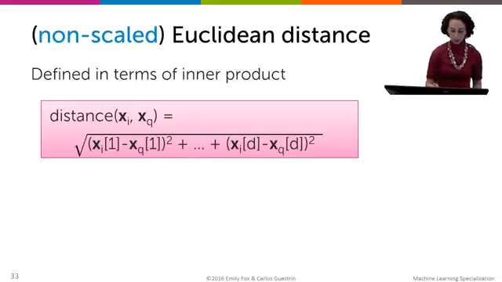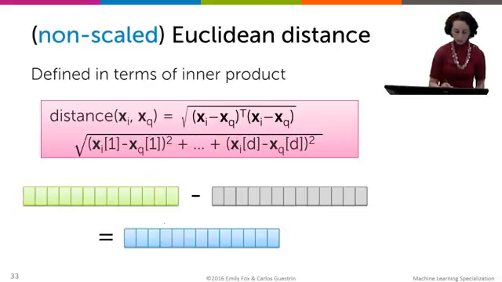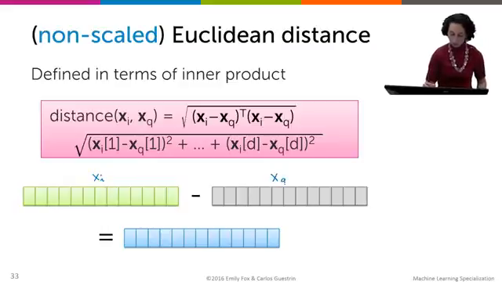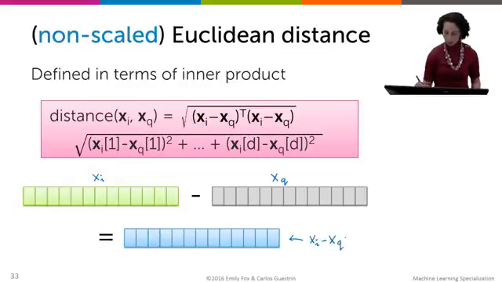So what we can do is we can rewrite our Euclidean distance as follows. So what we've done here is we're taking this green vector xi, we're subtracting our query article xq, and that's going to give us this difference vector, which we're highlighting in blue, which is xi minus xq.